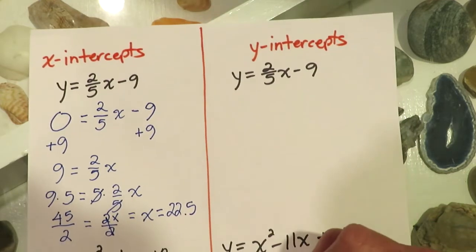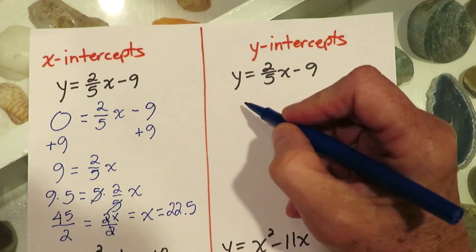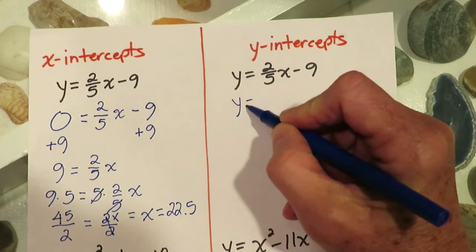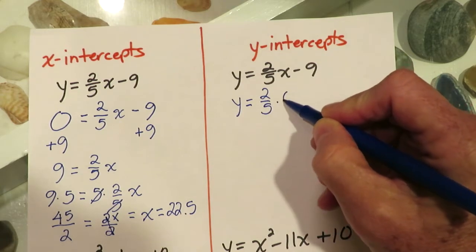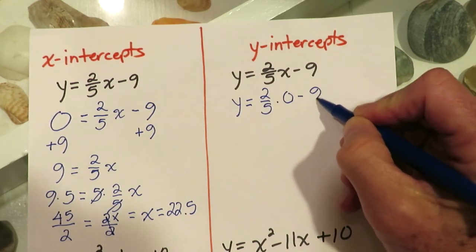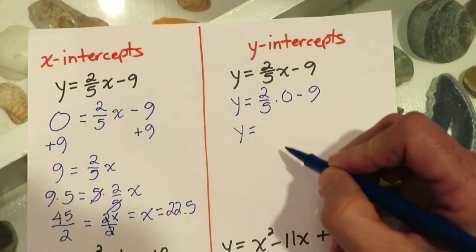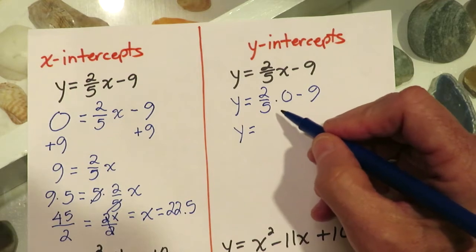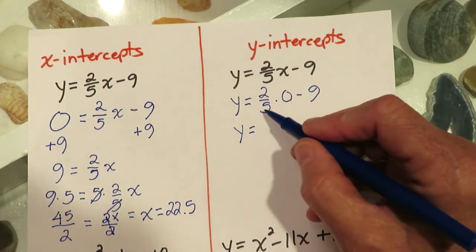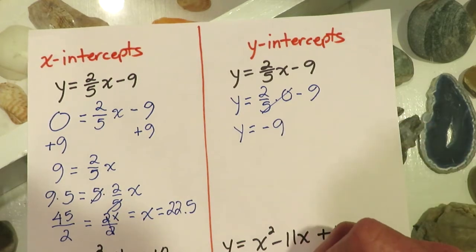Now the y-intercept is where you're intercepting the y-axis, and if you're on the y-axis then x is 0. And so you take your equation and you put 0 in for x and reason it out. Often that turns out to be pretty simple arithmetic because you're often multiplying something by 0, and 0 times anything is 0, so that turns into a 0, and my y-intercept is -9.